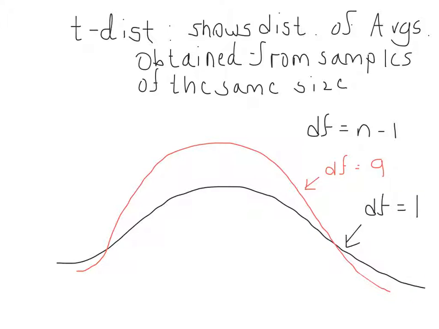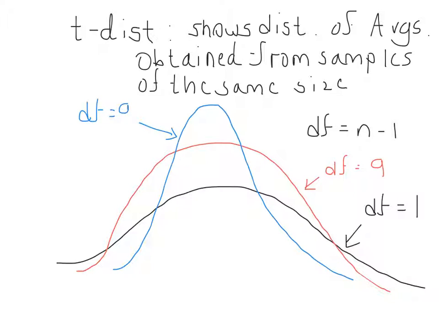If I took samples, say, of size 100, then my degrees of freedom is going to be 99. And that distribution is going to look a lot like the normal curve. In fact, if I were to draw a picture of what the normal curve might look like, the normal curve is going to be closely aligned with that t-distribution that has 99 degrees of freedom.